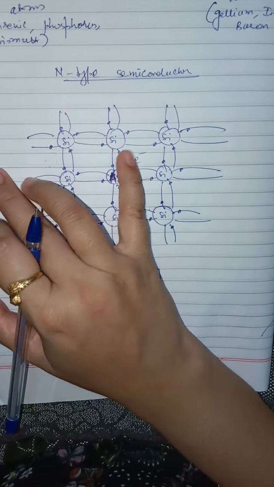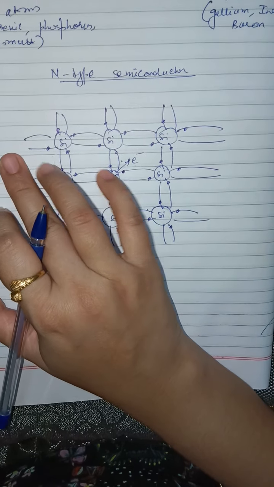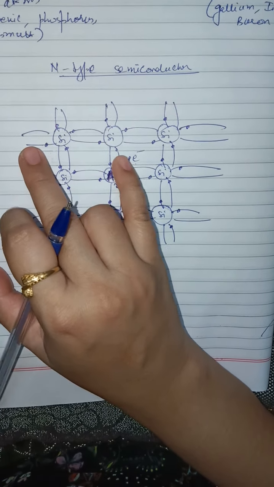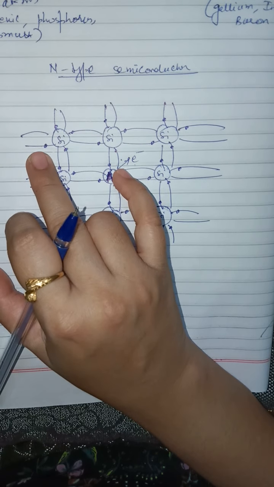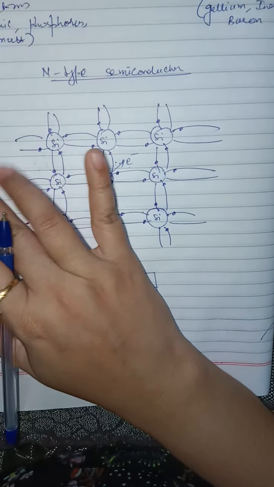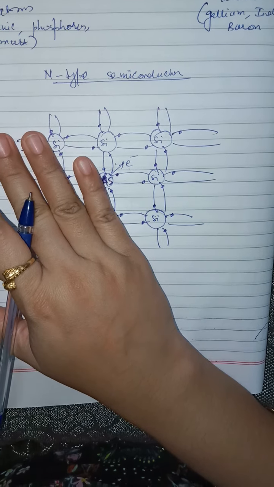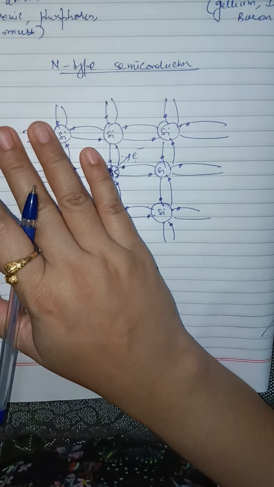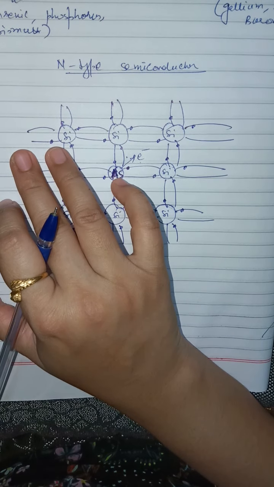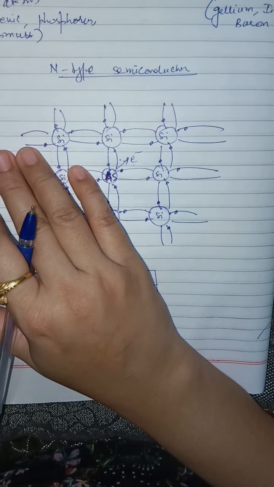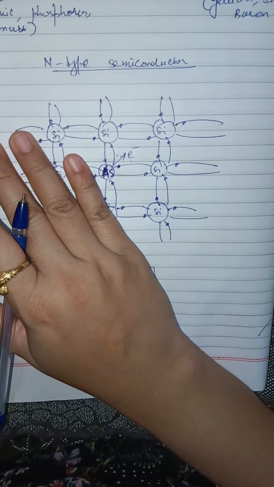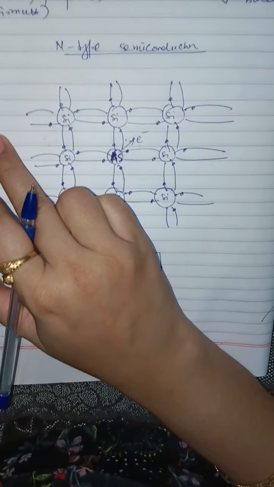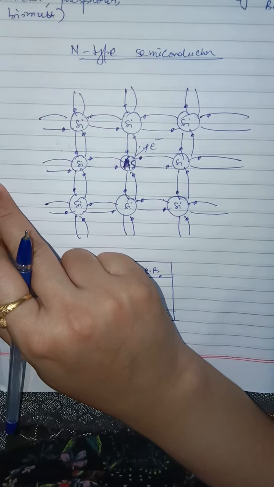It isn't as if, since you are getting more electrons here by the breaking of this 5th electron, this N-type semiconductor has an overall negative charge. It's not so. The crystal as a whole remains electrically neutral because the arsenic atom becomes positively ionized. This is very important. It might be asked as a 1-mark question also, so you must remember this.